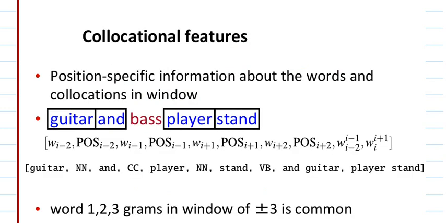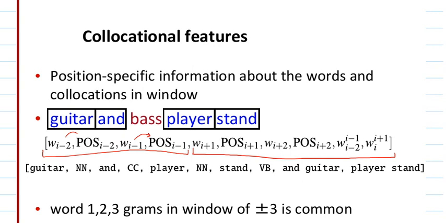For this example, if I'm extracting the co-locational features, I also include the POS tag. So this could be the feature vector, where I'm having a window size of plus minus 2. This is the right part of the target word and this is the left part of the target word. This is the POS tag of word i minus 1.